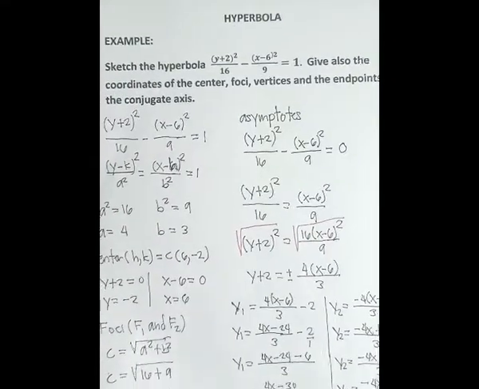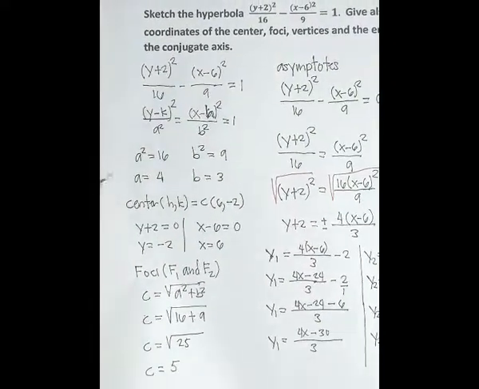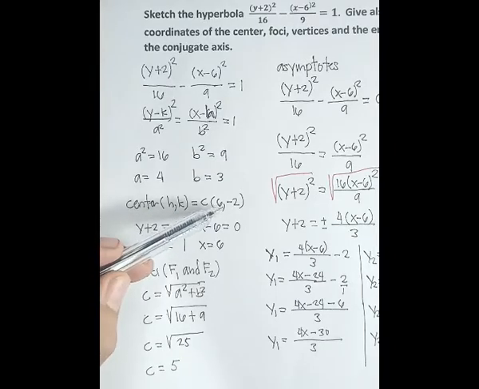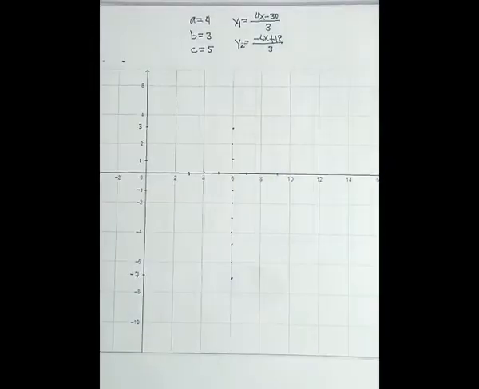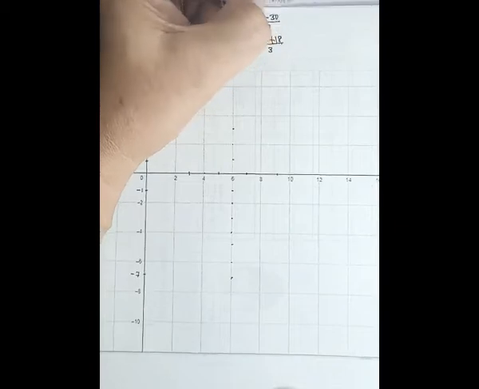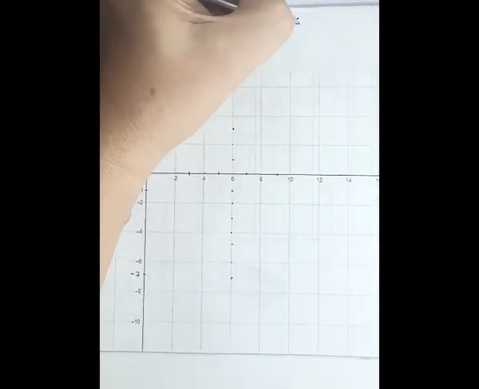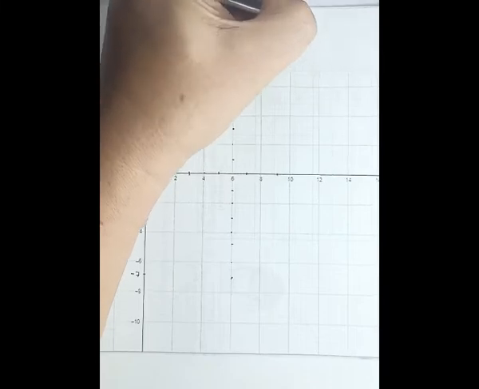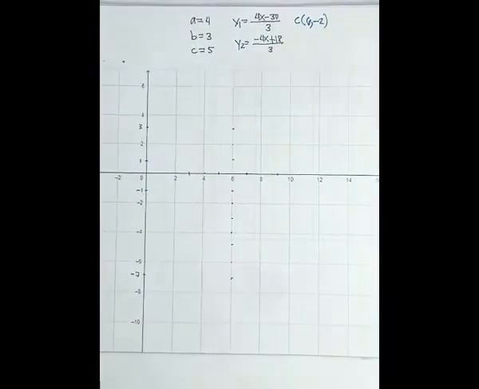So according sa atong computation kanina, atong center is at 6 and negative 2.